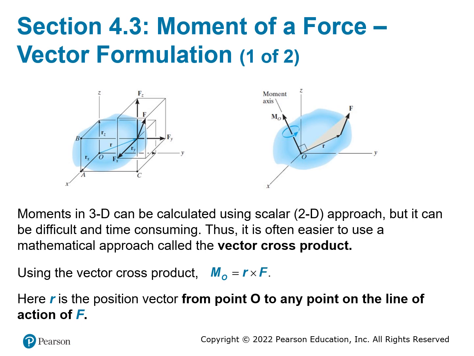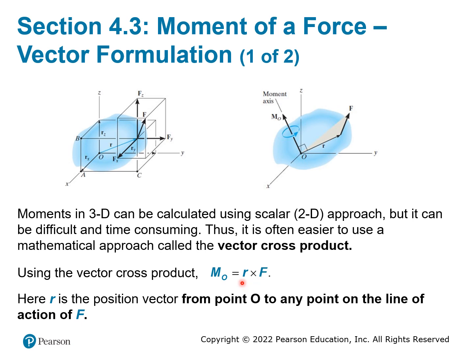Now let's move on to the case of how we use the vector formulation to do the moment calculation. The formal definition of the moment with respect to a point O is equal to R cross F. F is simple to understand. F is just the force.